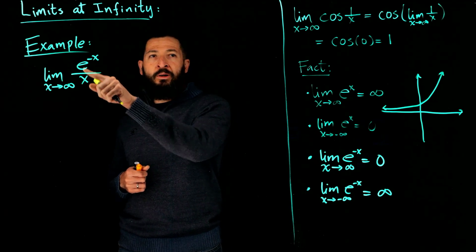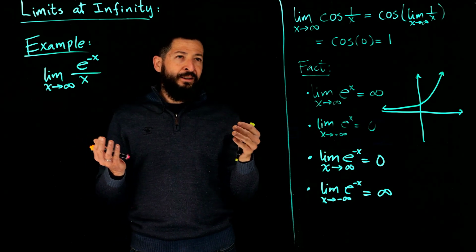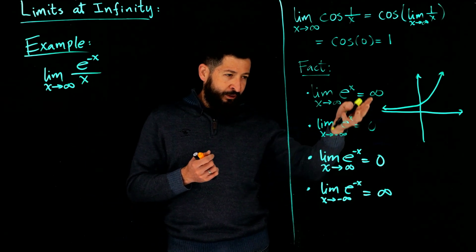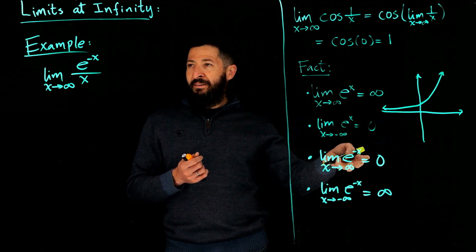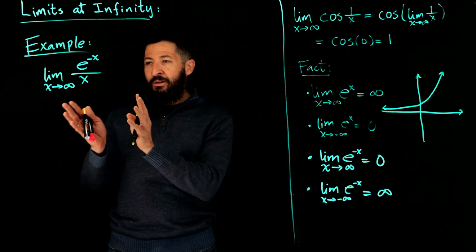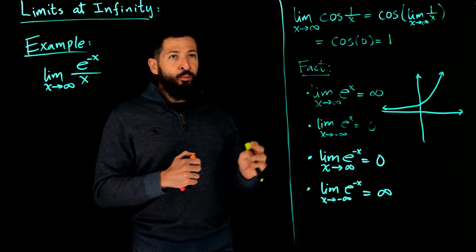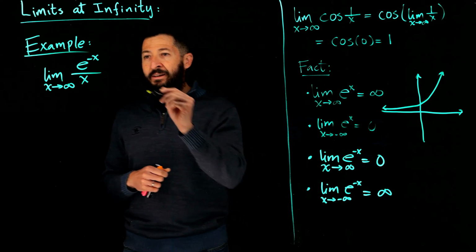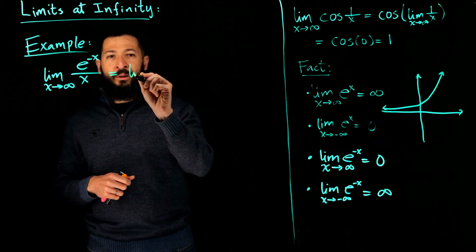But think about it as 1 over x and then e to negative x. And so from our table here, the limit as x goes to infinity of e to negative x is going to 0, and the function f of x equals 1 over x is going to 0 as you go to infinity.